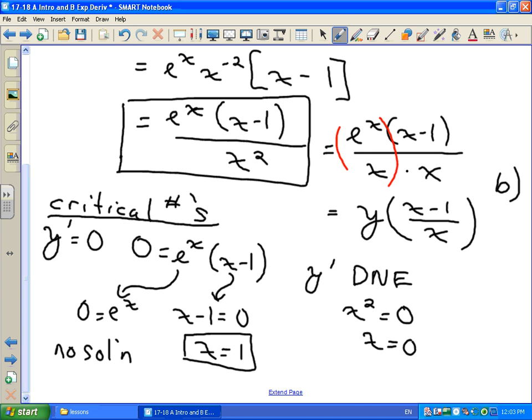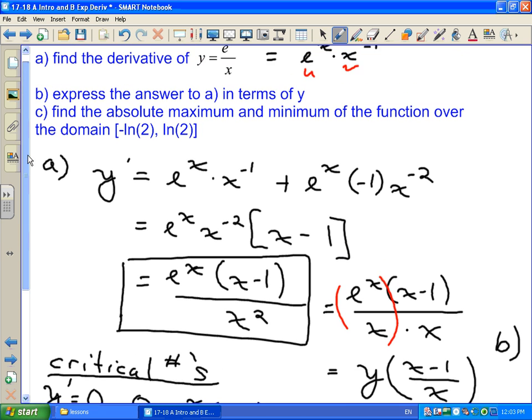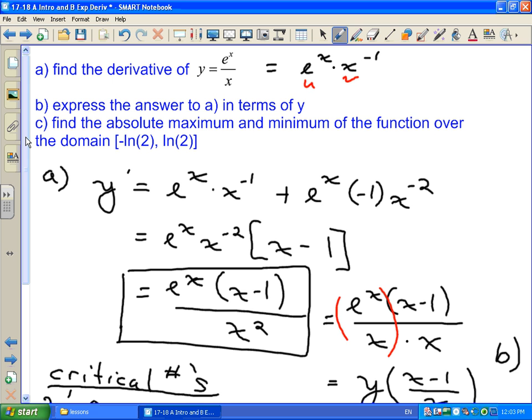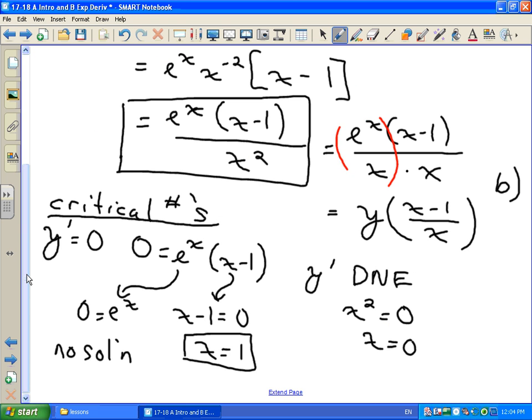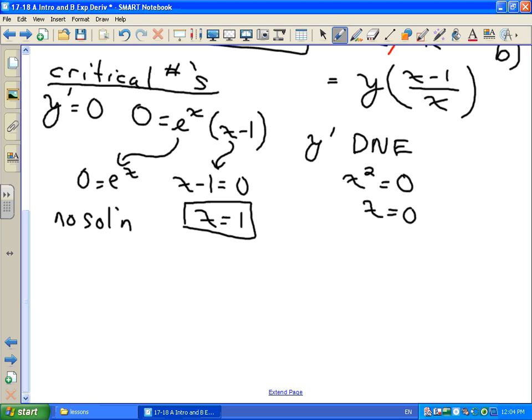Well, if we go back to our original function, e to the x over x, what happens at x equals 0? We're dividing by 0, which is bad. So this point, x equals 0, is not part of our domain. So this critical number that we got here isn't really a critical number because it's not in the domain.